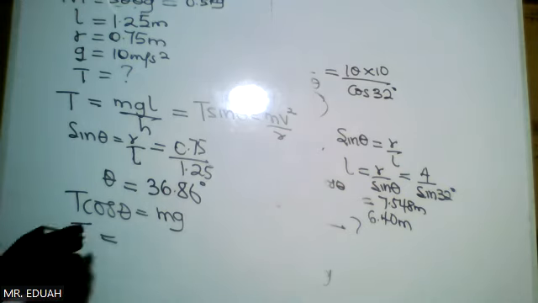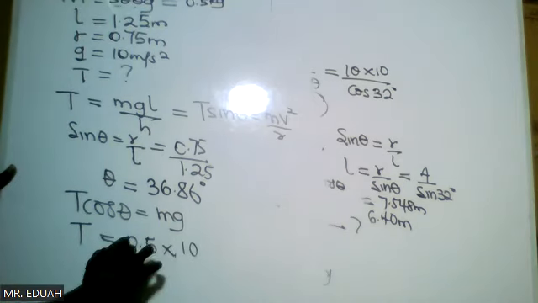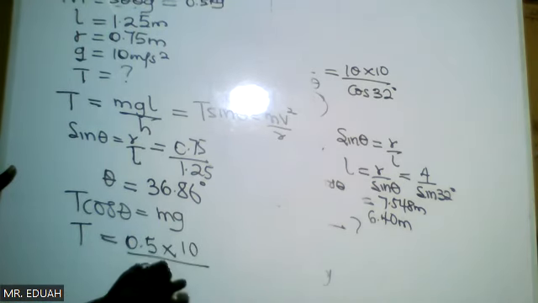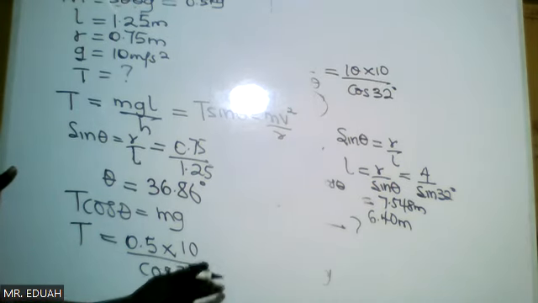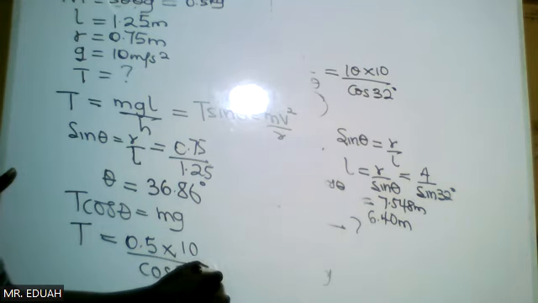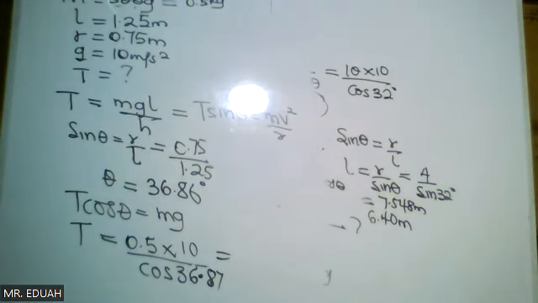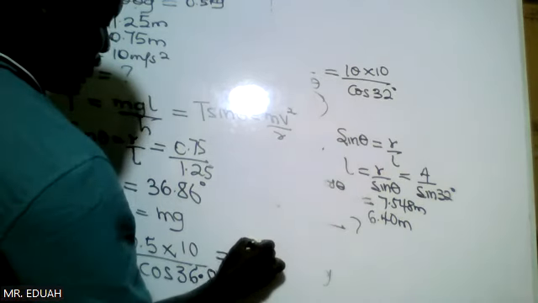So you have 0.5 times 10 divided by cos of theta, which is 36.87. Therefore, the tension within the string would be approximately 6.3 Newton.